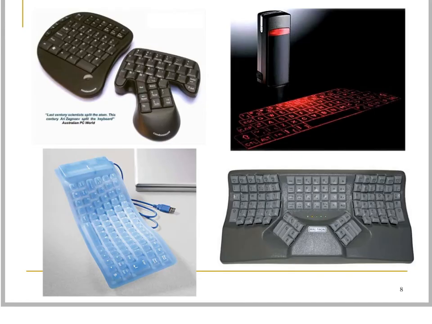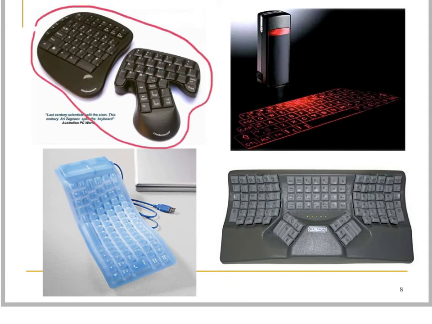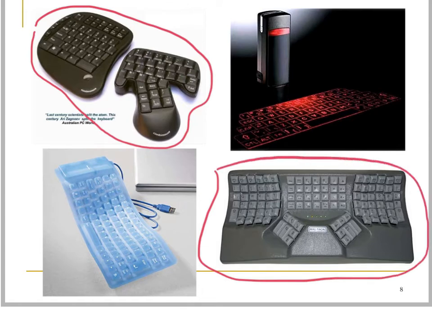And now we come to these very specially designed keyboards, the one on the top left corner and the one on the lower right corner. We call these ergonomic keyboards. Ergonomic, in Chinese, 人體工學.